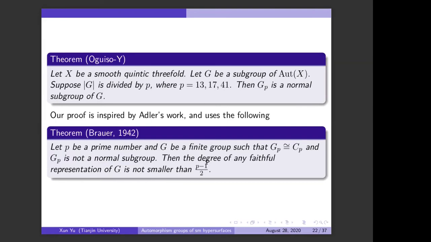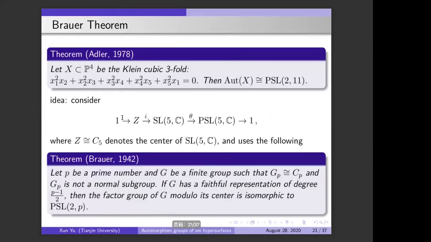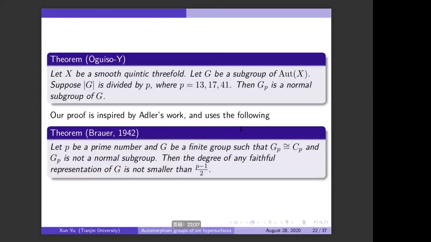Then we use a similar argument again: the group goes to SL, and because 5 is less than 6, we end up with the subgroup being normal. With this normality, roughly speaking it's like an abelian case, and you can control the remaining automorphisms.